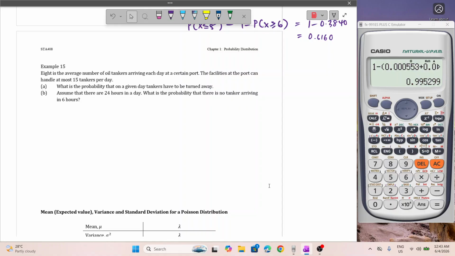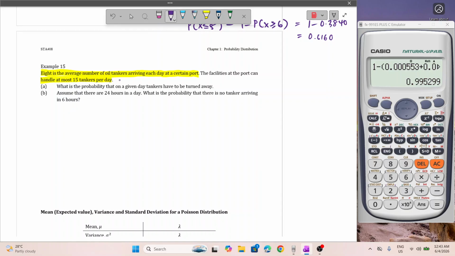Now, let's proceed our discussion with example 15. 8 is the average number of all tankers arriving each day at a certain port. The facilities at the port can handle at most 15 tankers per day.